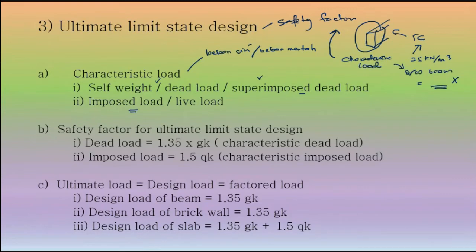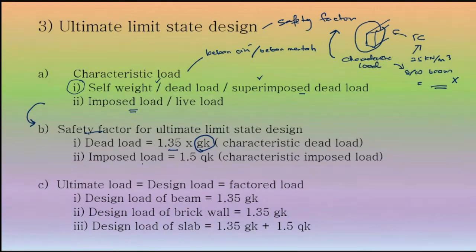So when we want to design the actual element, we have to add a safety factor. For ultimate limit state design, we don't want our building, our structure, to collapse, right? So for dead load, we multiply by 1.35 Gk. Gk refers to characteristic dead load: self weight and superimposed dead load.